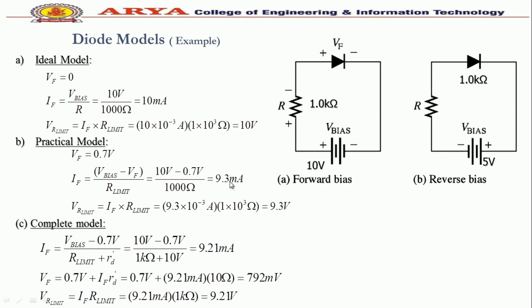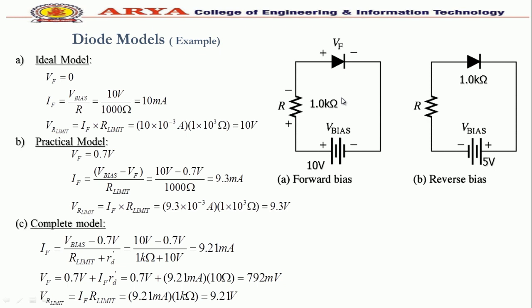So IF is 9.3 milliampere. If we put this IF value in the equation, VR limit is 9.3 volt, which is lower than the ideal diode model.